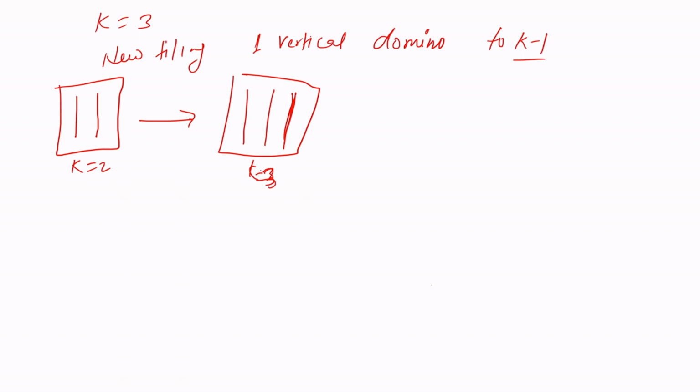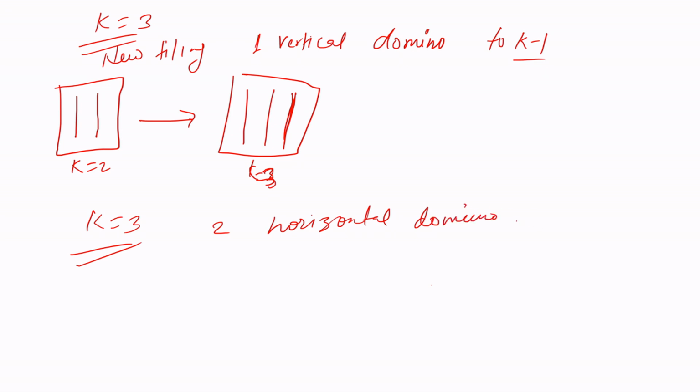But when we have k equal to 3 only, like this, and we want to add a new tiling by adding two horizontal dominoes, right? Before we added only one vertical, but here we will add two domino tiles to k minus 2.